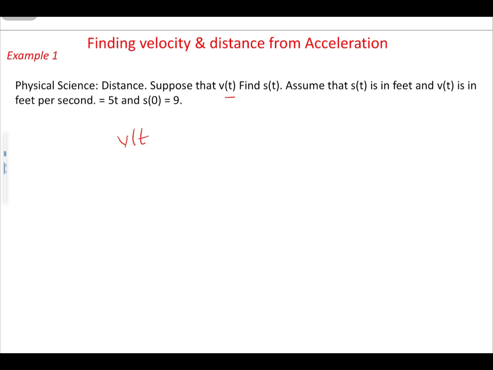The v of t here has a function of 5t power 4. And x of 0, I think the whole question didn't come, so pardon me for that. x of 0 is equal to 9.